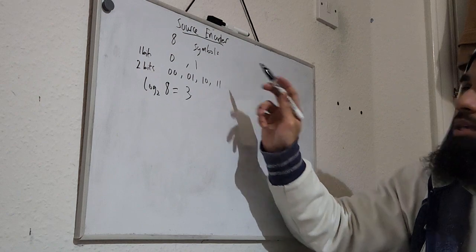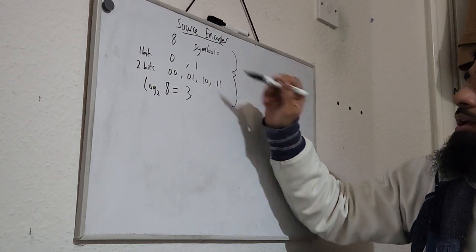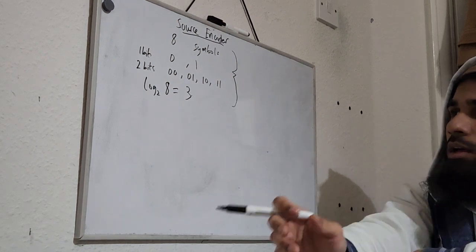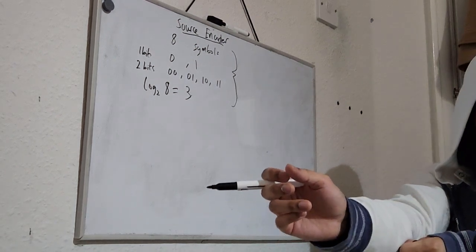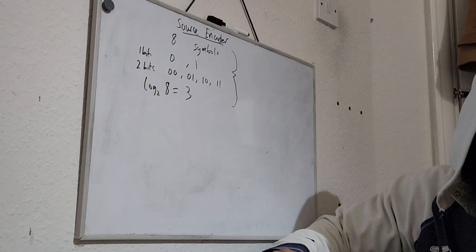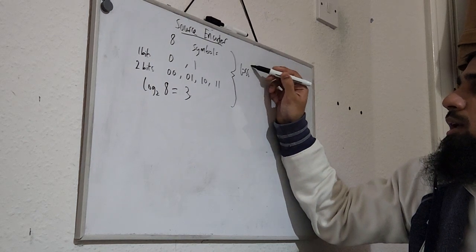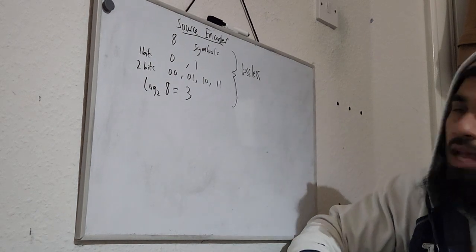And this is a compression. The symbol might be big, you're compressing it down into bits, and you're using 3 bits. So this is called lossless encoding. Lossless, you're not losing any bits.